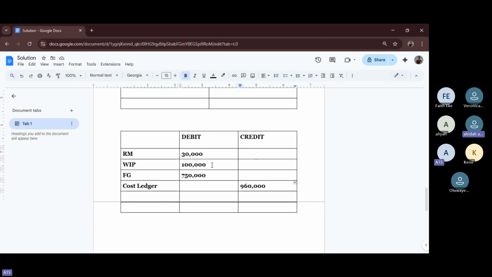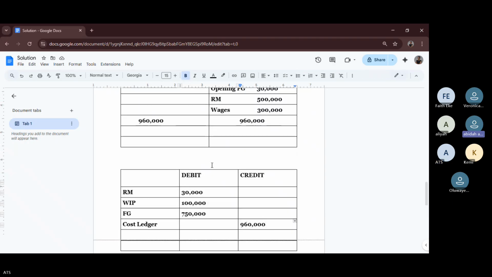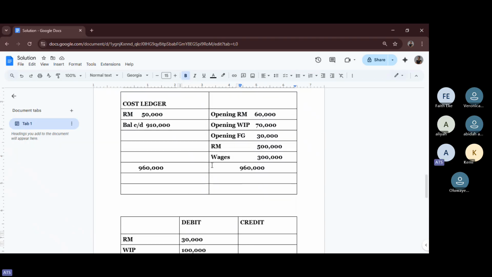There is 608. There is a mistake somewhere. This one's supposed to be 3,500.